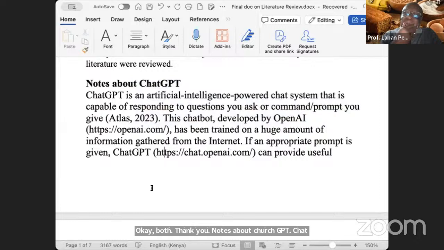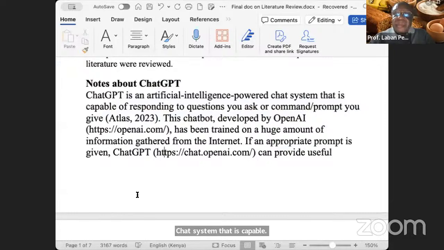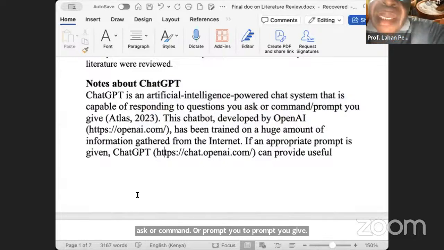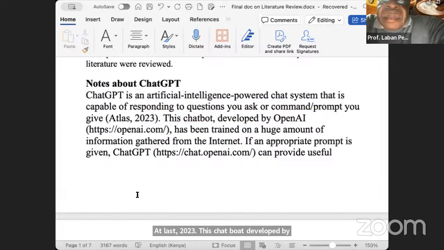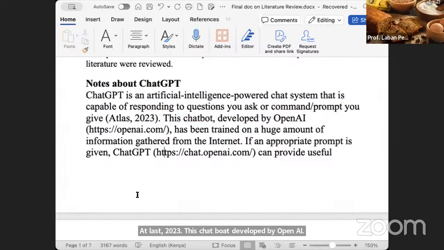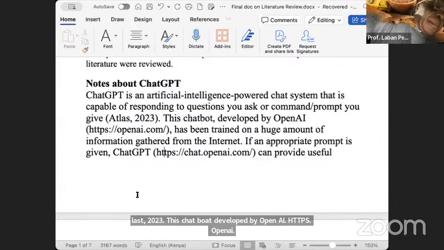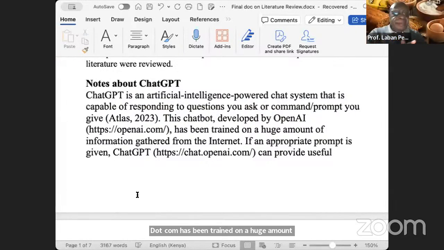ChatGPT is an artificial intelligence-powered chat system that is capable of responding to questions you ask or command or prompt you give (Atlas, 2023). This chatbot, developed by OpenAI, has been trained on a huge amount of information gathered from the internet.